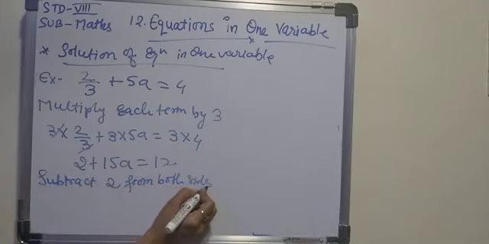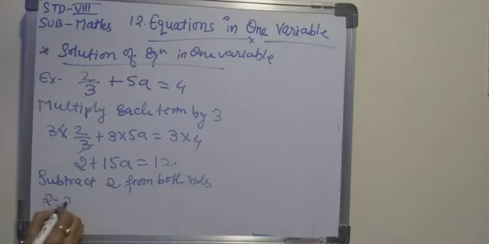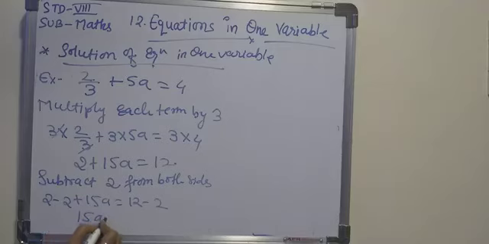So you get 2 minus 2 plus 15a is equal to 12 minus 2, so 15a is equal to 10. Now your next step is dividing both sides by 15. You can directly write 10 upon 15, or you can write divide both sides by 15.